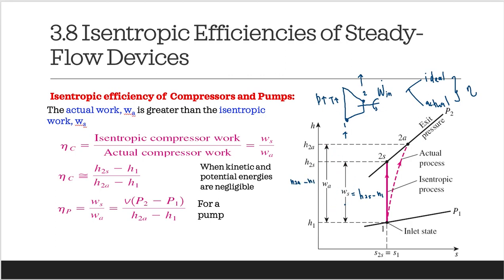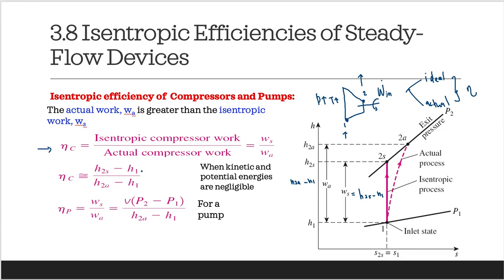So if we look here, the isentropic work is less than the actual work. Therefore, we can say that the efficiency of the compressor is the isentropic compressor work divided by the actual compressor work, H2S minus H1 over H2A minus H1.